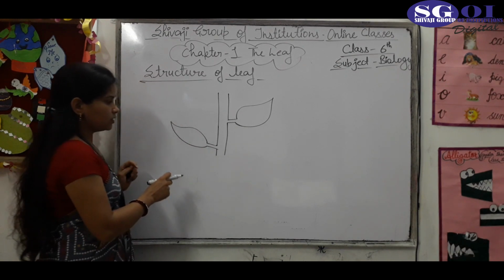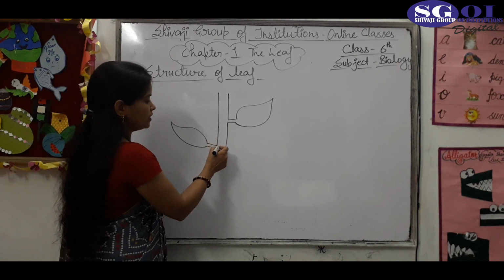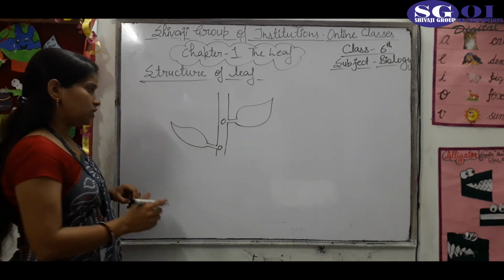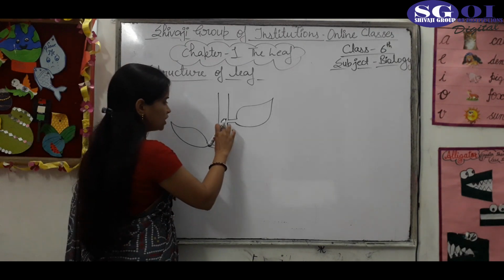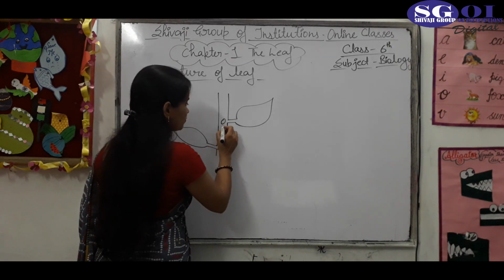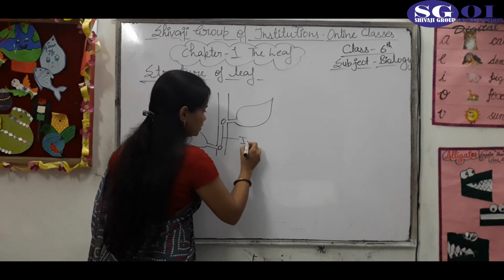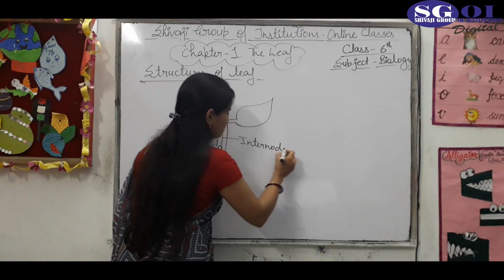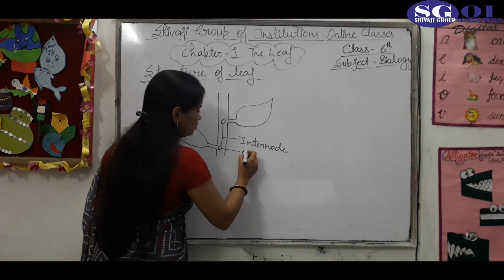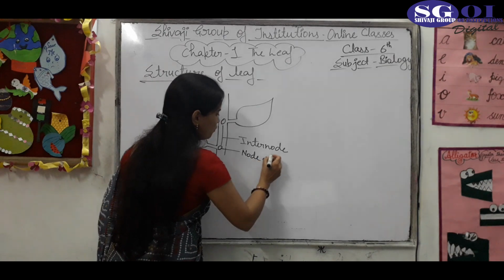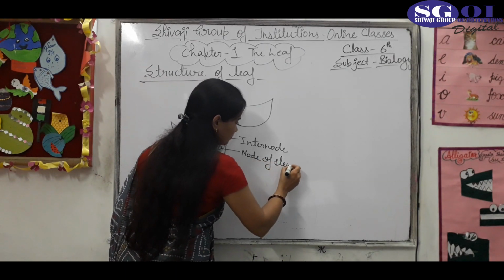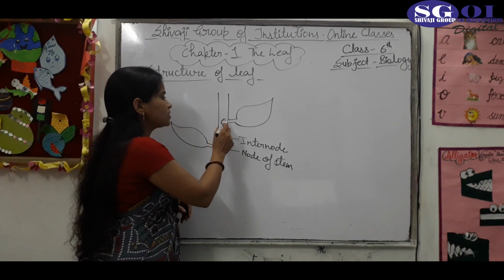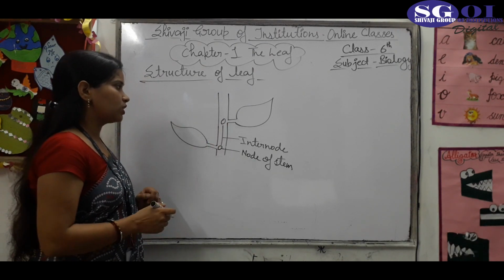And the space between two nodes is called internode. So the leaf arises from the node of the stem.